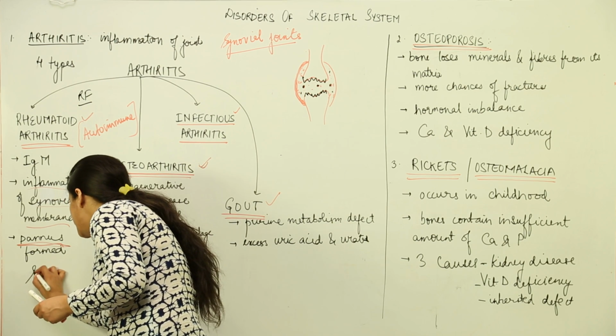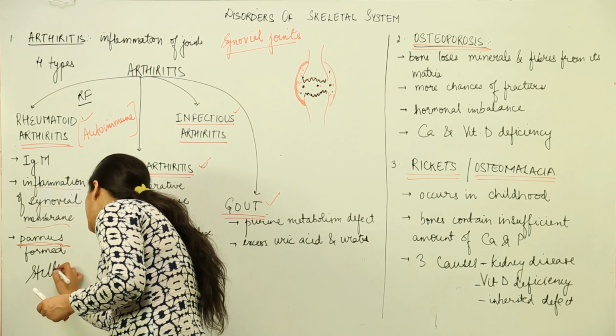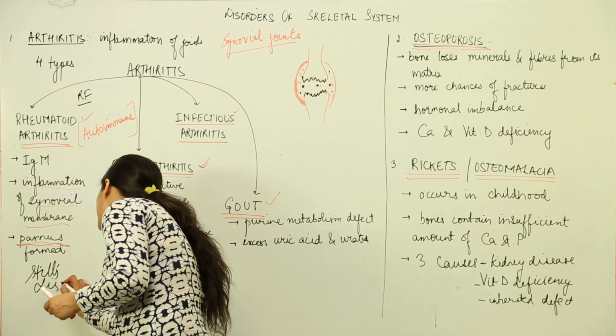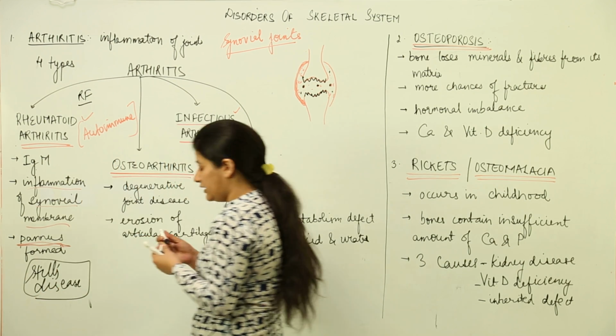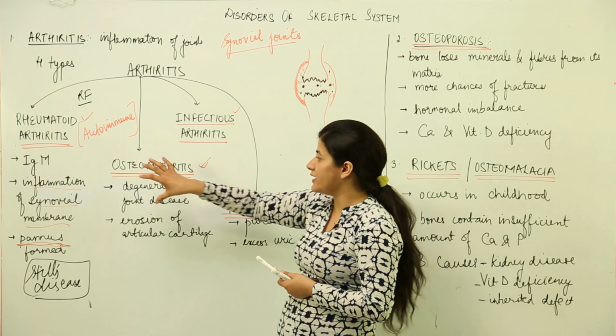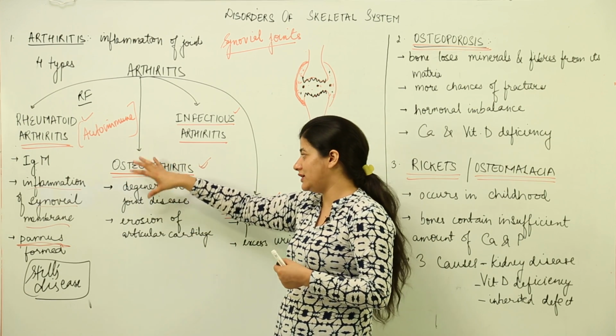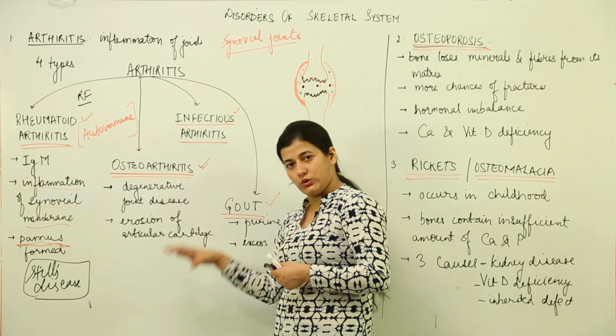I skipped it, but please remember, Still's disease is the condition where rheumatoid arthritis has occurred in younger people. Okay, so in case of osteoarthritis, you are going to see this more often in older people again.